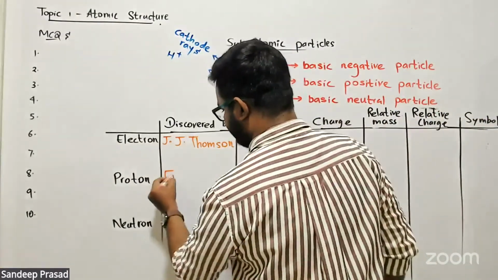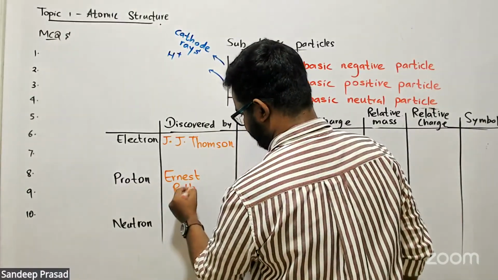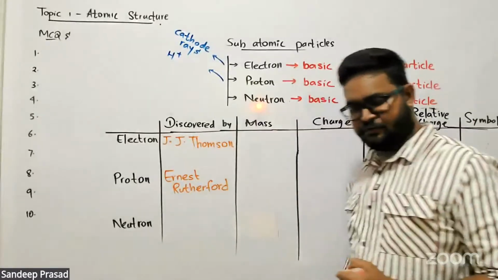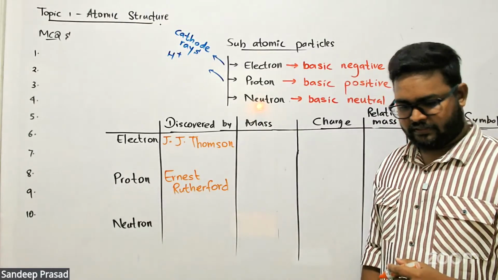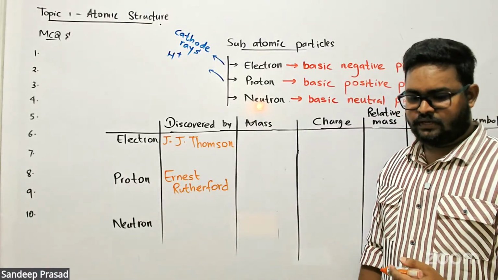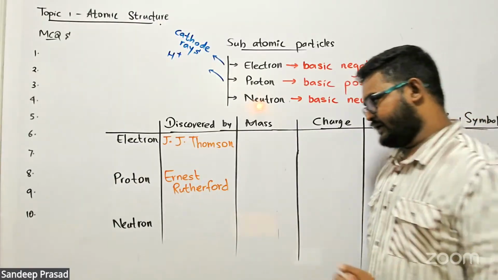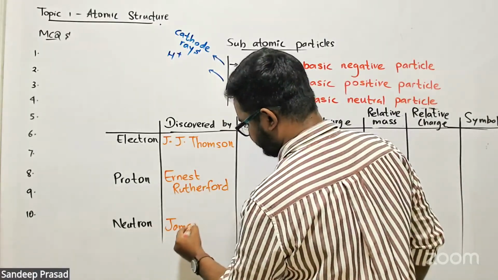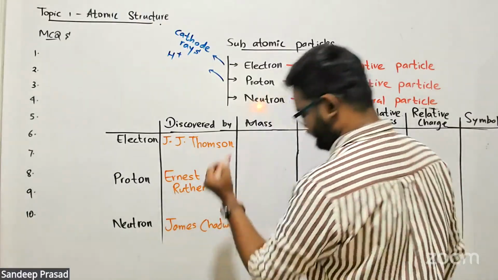Ernest Rutherford. Tell me who discovered the neutron? Electron was found by J.J. Thomson, proton was found by Ernest Rutherford, and neutron? Yes, very good. Neutron was found by James Chadwick. You have to remember the names.